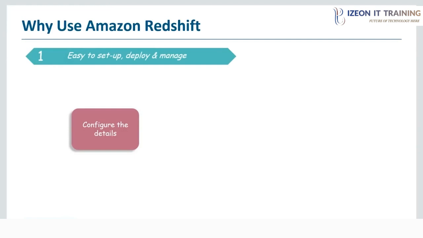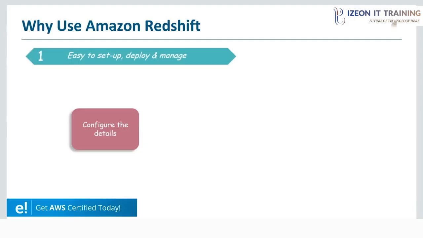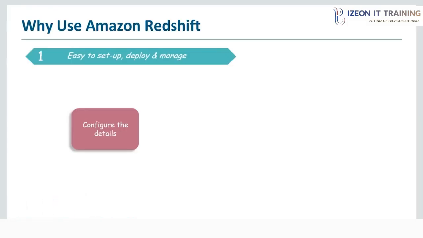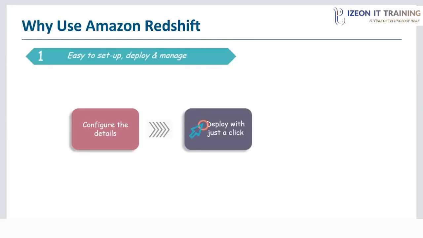When you click on that option, Amazon Redshift asks you for certain details like the type of node you want to choose, the number of nodes, the VPC in which you want to create your data warehouse, user ID, password, and many other details. Once you feel that you have given the right set of details, you have an option which says launch the cluster. And in one click, your data warehouse is just created.